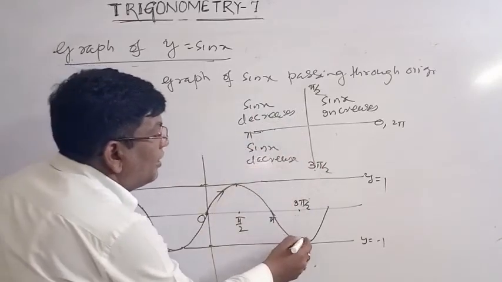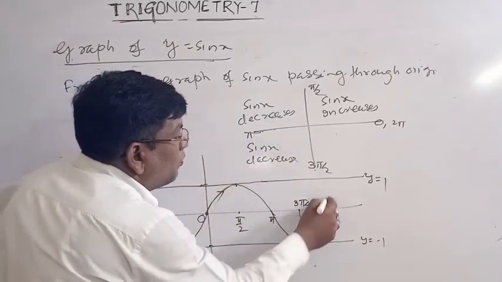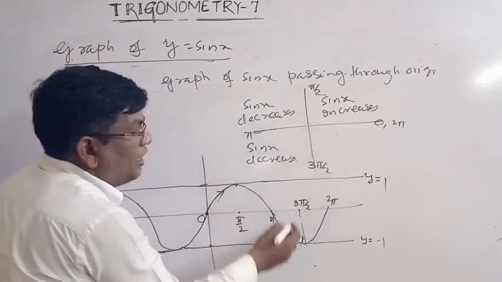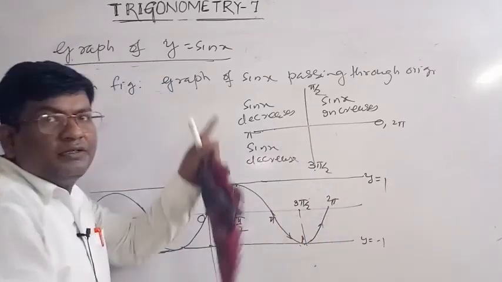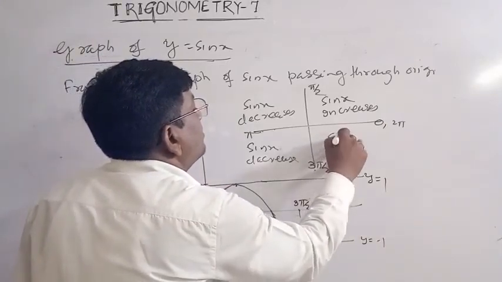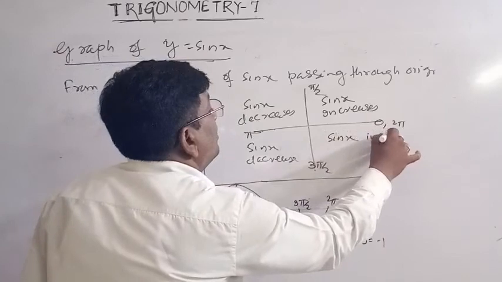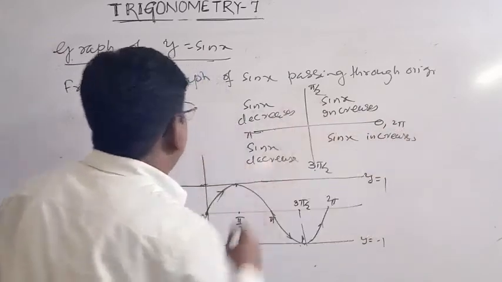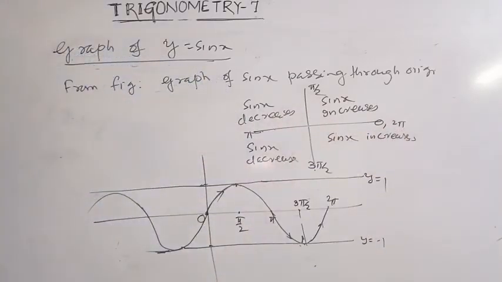And again from 3 pi by 2 to 2 pi the graph goes upward, so sin x increases.